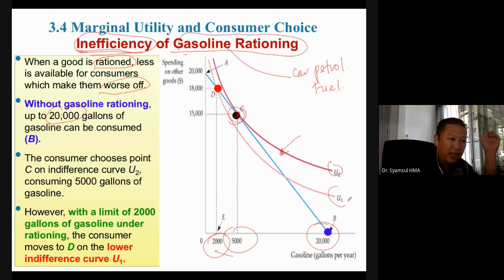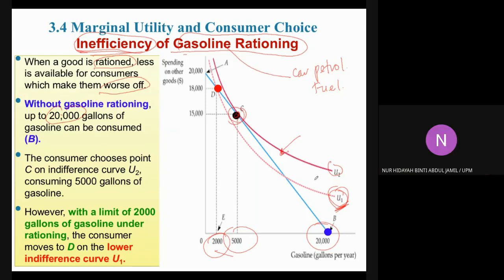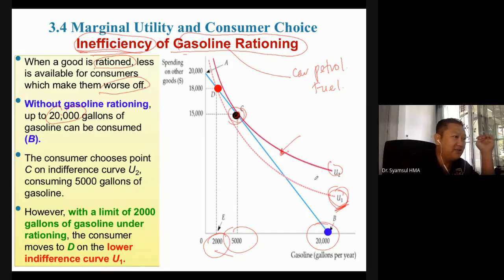So when you are at D, what is your satisfaction? What happened to utility? Less satisfaction. When they're less satisfied, they become worse off.